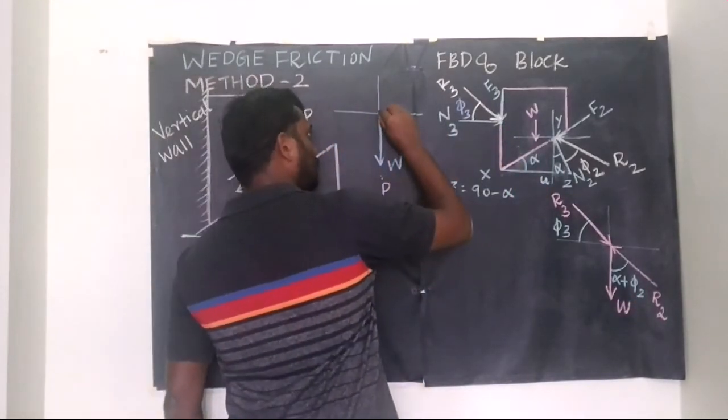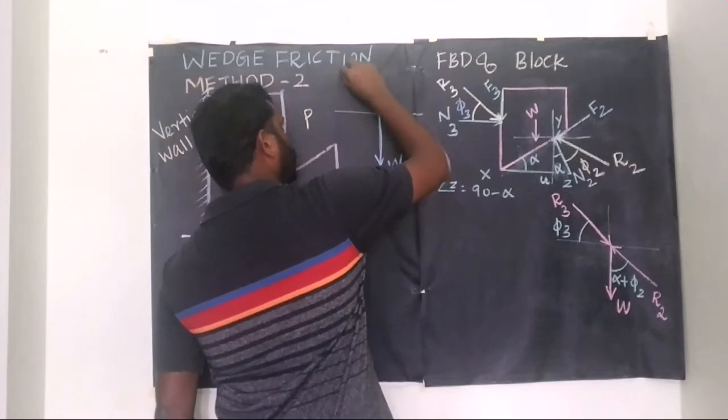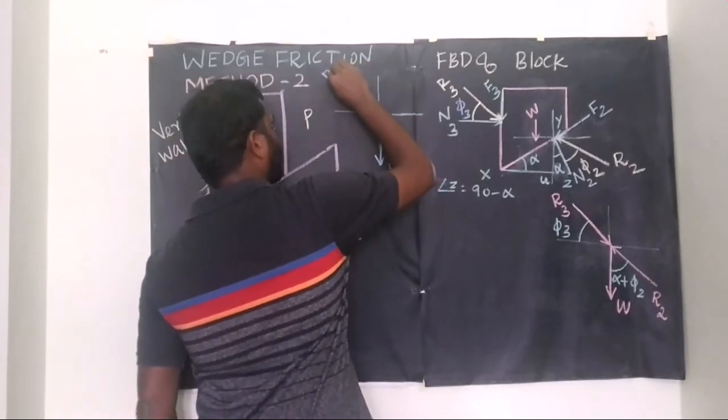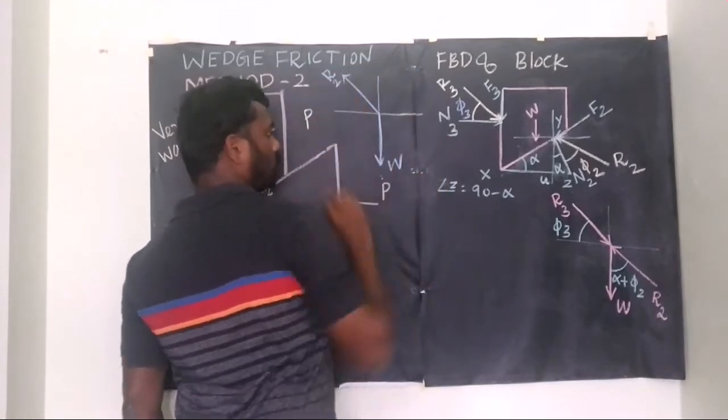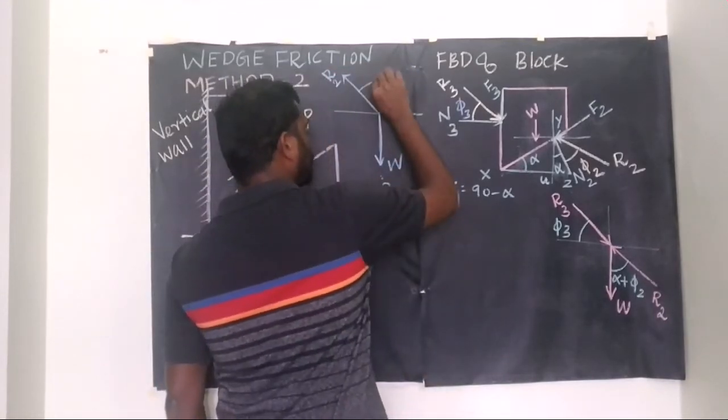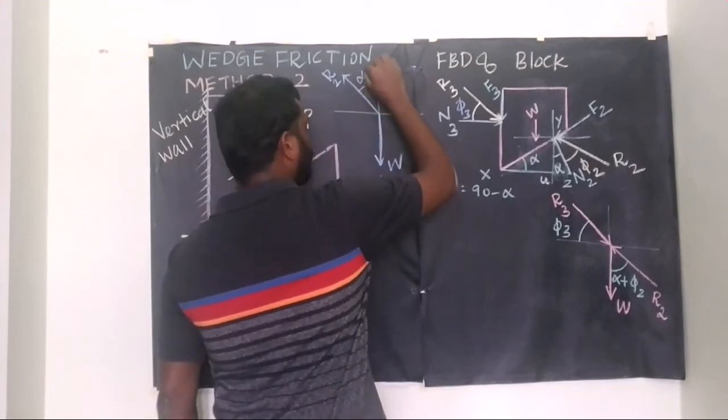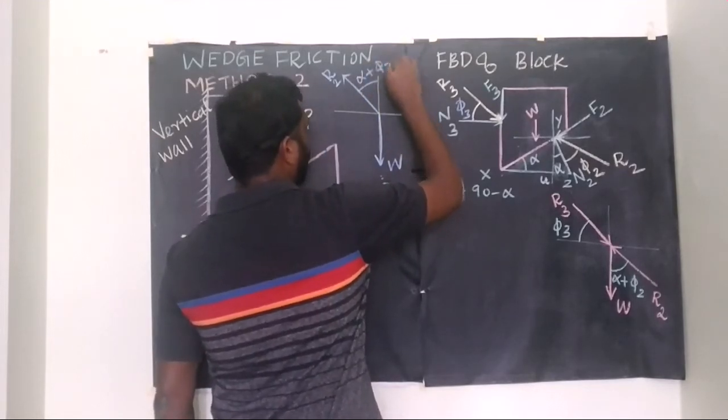This is my resultant force R2. Now this force is in the second quadrant. This angle is alpha plus pi/2.